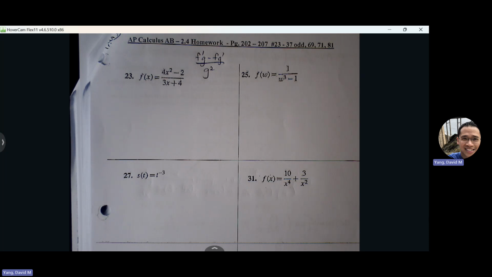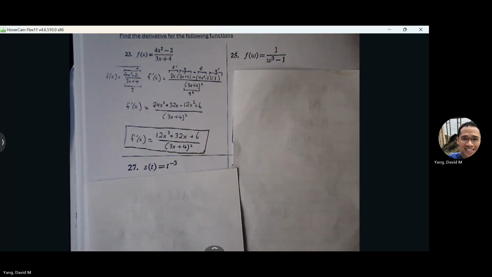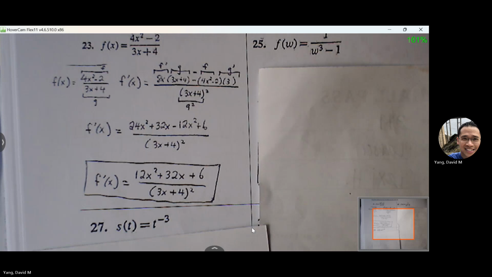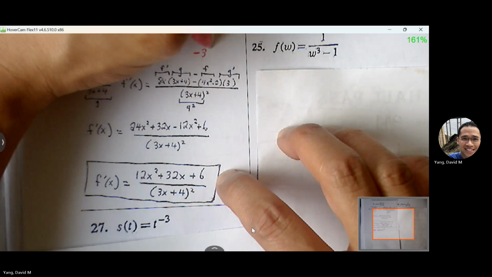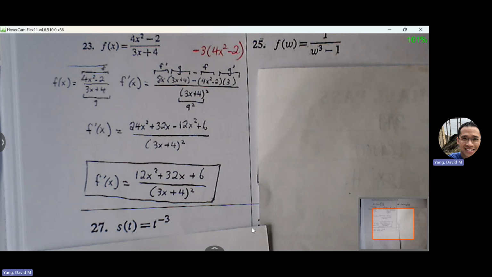Don't try to do anything with the denominator. So f prime g minus f g prime all over g squared.